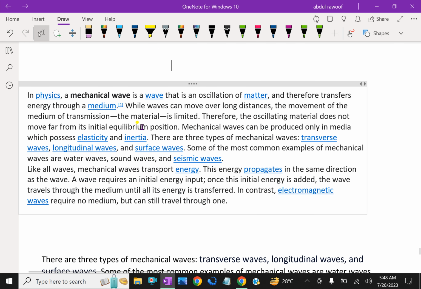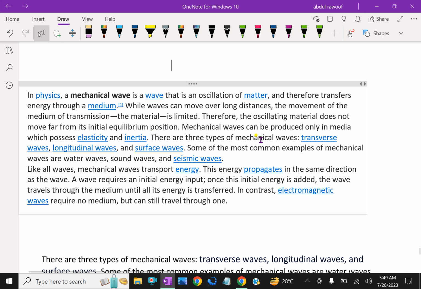In physics, a mechanical wave is an oscillation of matter and therefore transfers energy through a medium. While waves can move over long distances, the movement of the medium of transmission is limited. Therefore, the oscillating material does not move far from its initial equilibrium position.